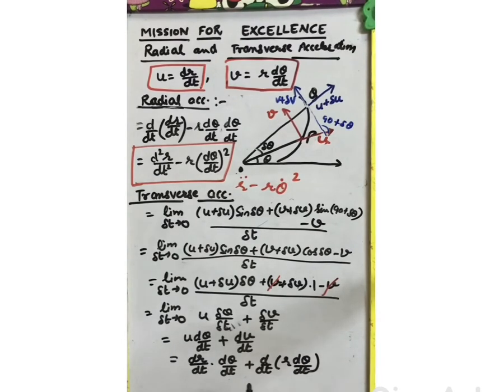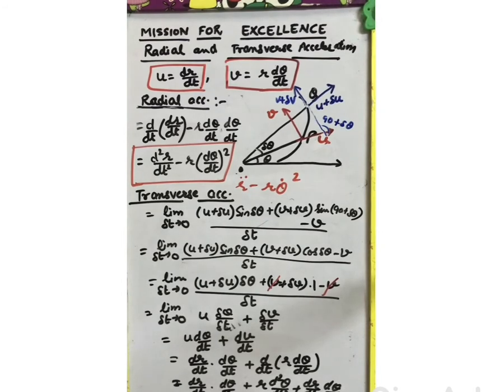So we will apply the product rule here. We get dr by dt into d theta by dt plus r d2 theta by dt square plus dr by dt d theta by dt.